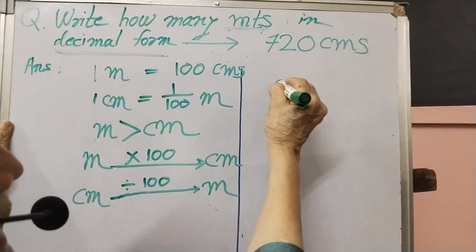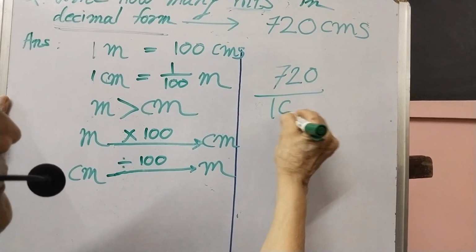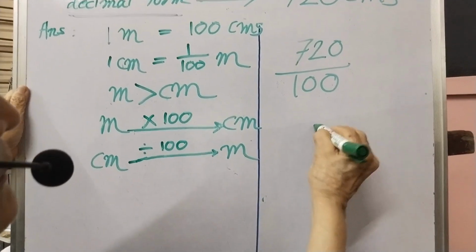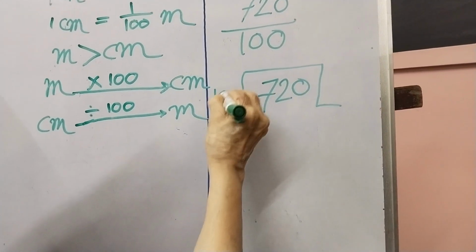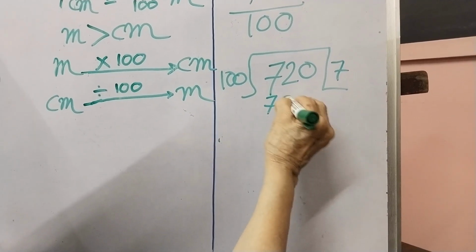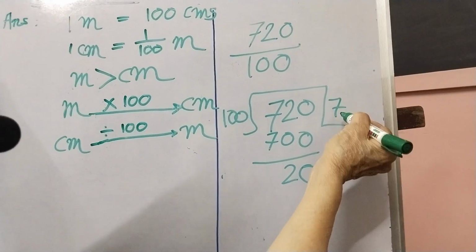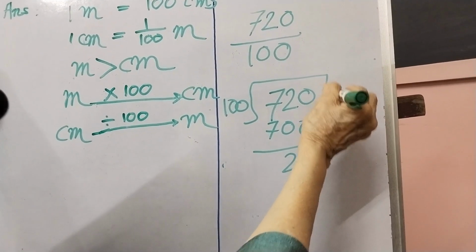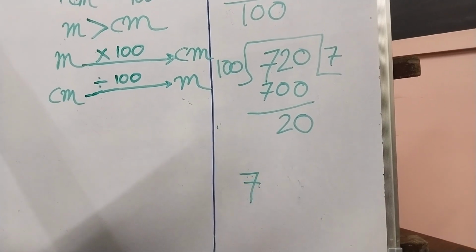So first of all, let us divide 720 by 100. Now we can divide it in this way. 100 sevens are 700. 20 is the remainder. 7 is the quotient. And 7 is the full figure. That means it will come before the decimal point.